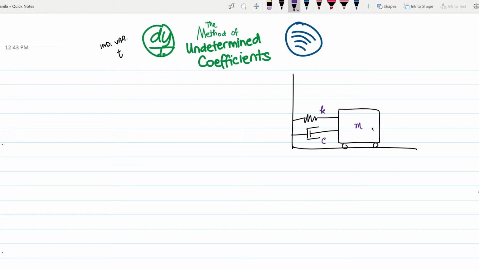If we give it an initial condition, like pulling it and then letting go, that gives a differential equation of m x double dot, which is the same as x prime prime, plus c x prime, plus k x is equal to 0. Let's say this is our function of x, however the cart moves.